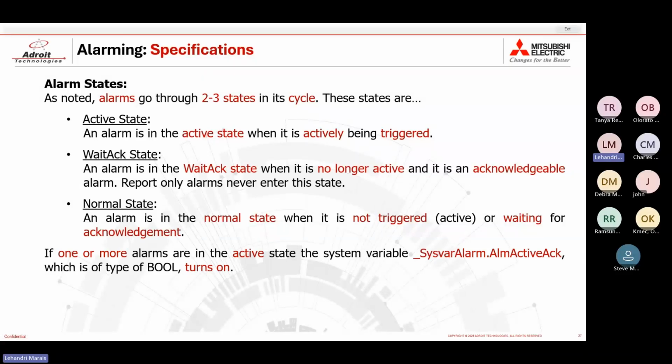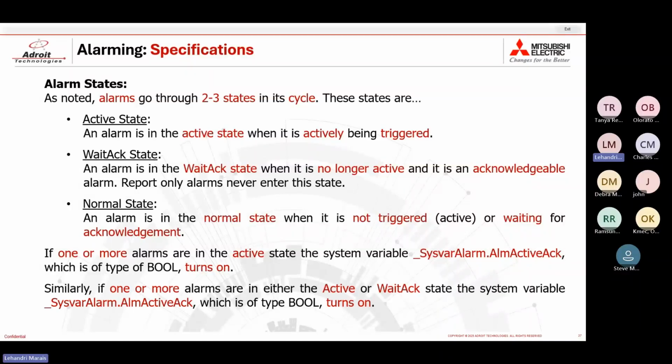If one or more of your alarms are in the active state, the system variable sysalarm.alarm active act, which is of type bool, turns on. And similarly, if one or more of your alarms are either in active or wait acknowledgement state, the applicable system variable here will turn on as well.